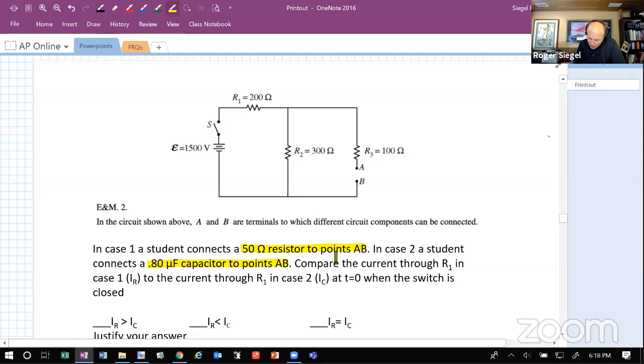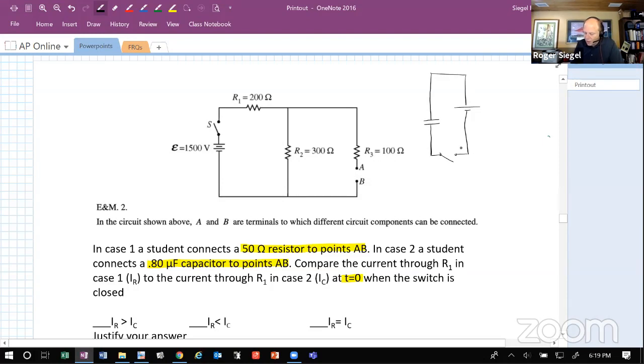So let's talk about this. There are some important things about this. It's been a while, but when we studied capacitors, let's talk about how they function. When I have a capacitor that is uncharged and I put it in a circuit, it doesn't behave the same way all the time.